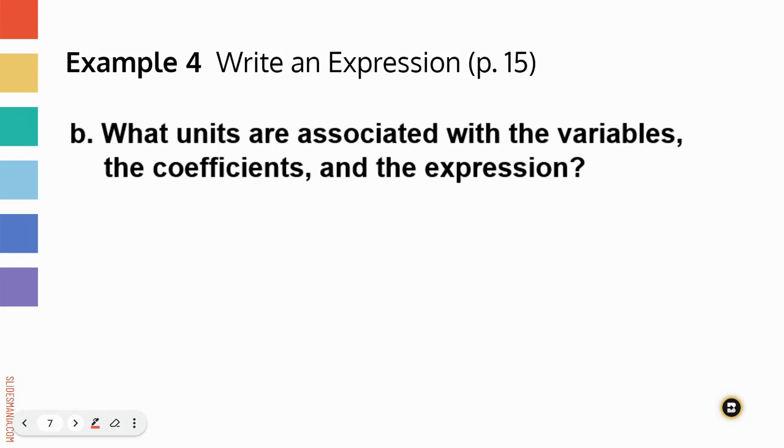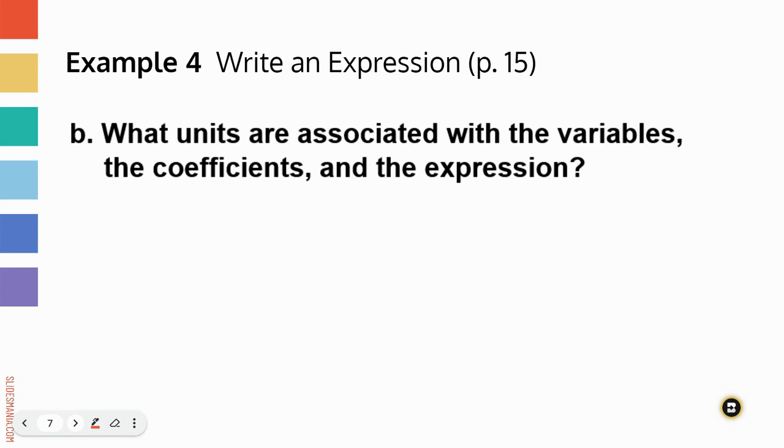B, what units are associated with the variables, the coefficients, and the expressions? So for our variables, we have W, which is number of wins, T, which is number of ties, and Z, which is number of losses. So those are the number of games.